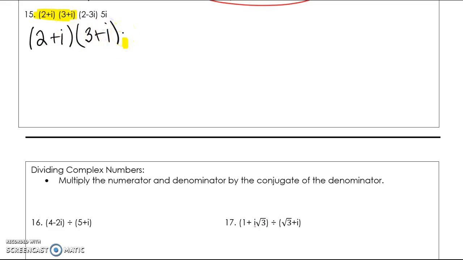So here I'm going to get a 6 plus 3i plus 2i plus i squared. i squared is the same thing as negative 1, so I'm going to get 5i plus 5.